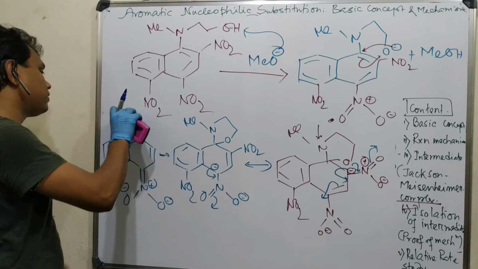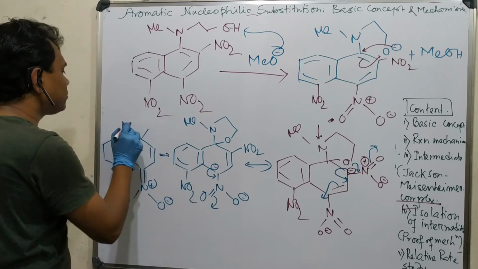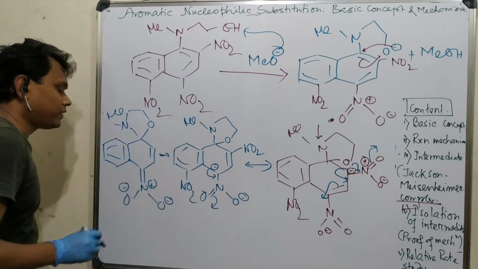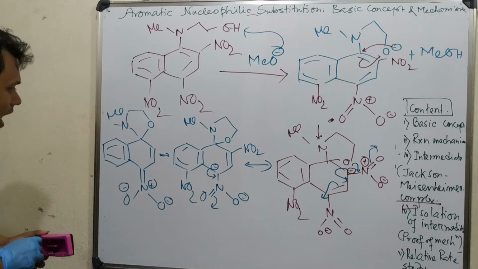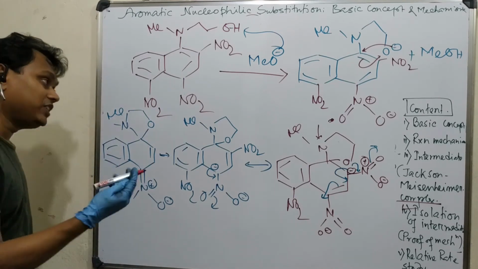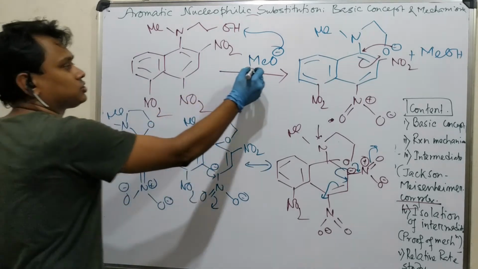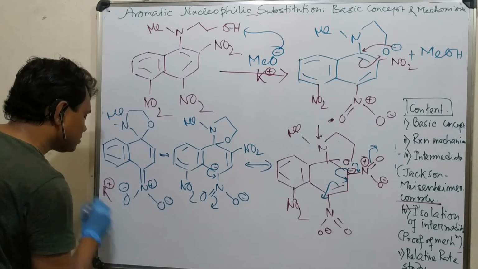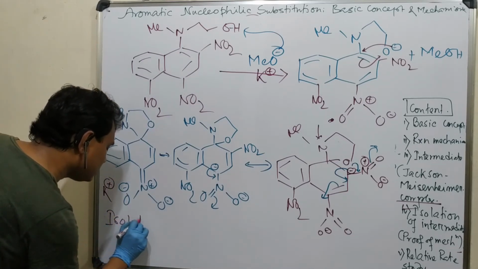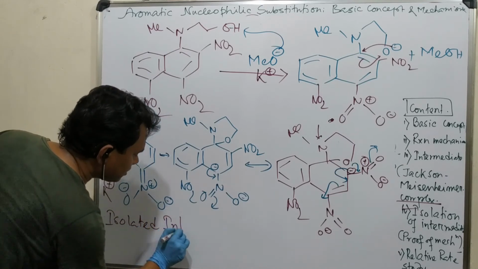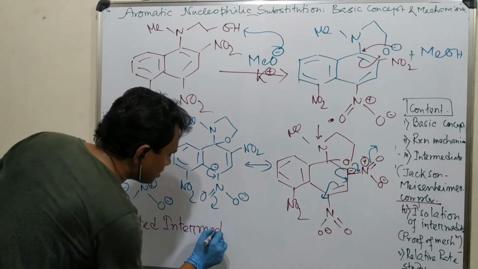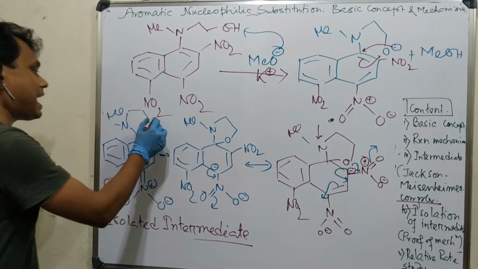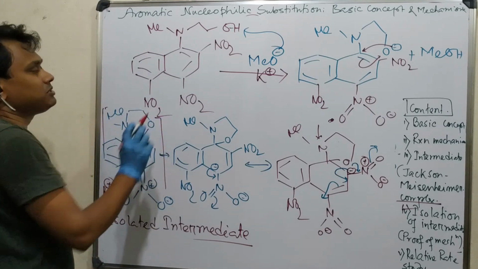These are the same, but still for your better understanding I will write the way I was writing. Fine. So this is the isolated intermediate, and obviously the corresponding salt, for example, if it is K plus, then it must be K plus. So this is the isolated intermediate. Okay, so this is the isolated intermediate, and this supports the Meisenheimer complex.